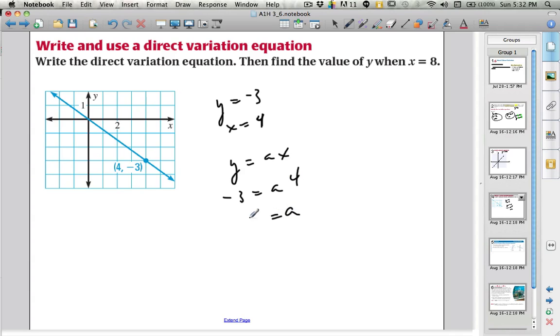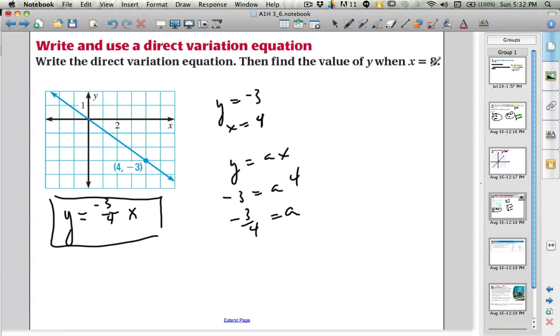So a would be equal to negative 3/4. Then I would write out the direct variation model: y is equal to a, which in this case is negative 3/4, times x. That's my direct variation model.